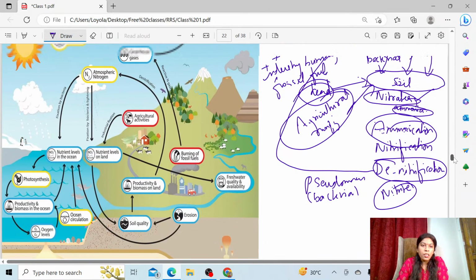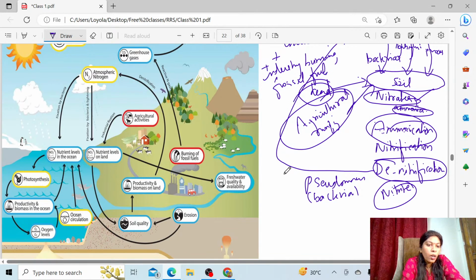See this, the atmospheric nitrogen is absorbed by the ocean. How does it go into the ocean? Again in the form of bacteria only, or sometimes by acid rain. Acid rain also brings nitrogen back to the ocean. Then it circulates inside the ocean. Come to the land.